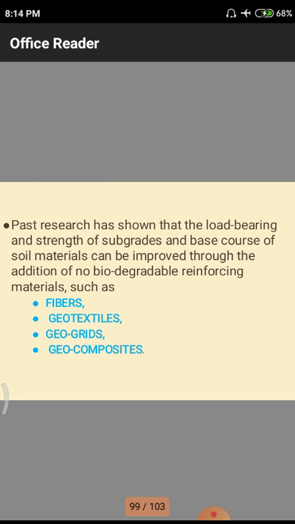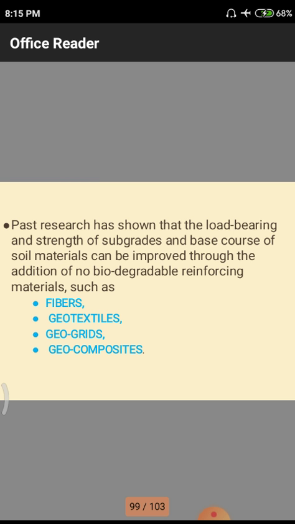Next one, geogrids, how we have to protect the slope of the earth by using geogrids. Next one, geocomposites. In embankments, we use these geocomposites for slope stability. These four are the major materials we use, in the place of polymeric materials.